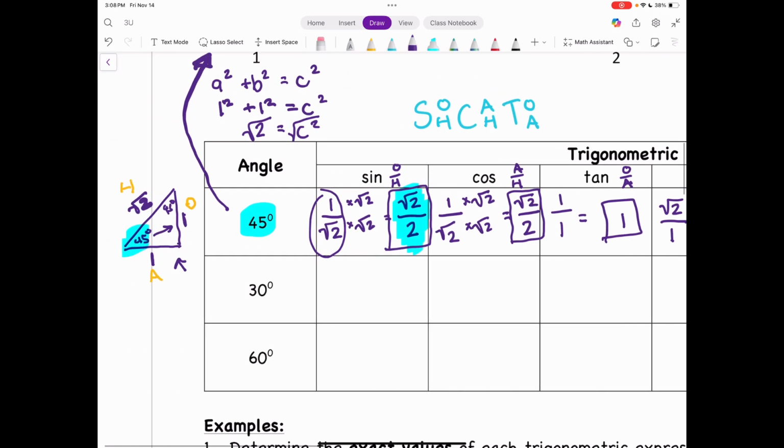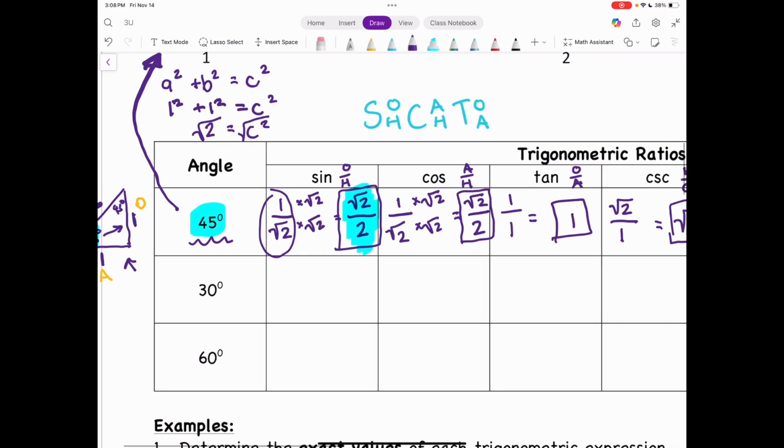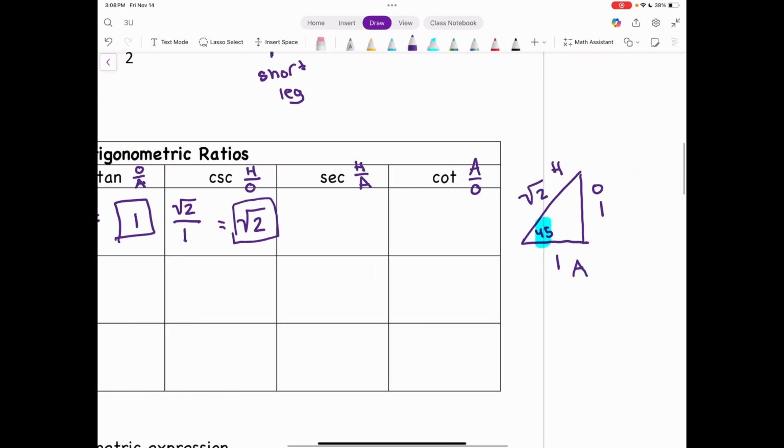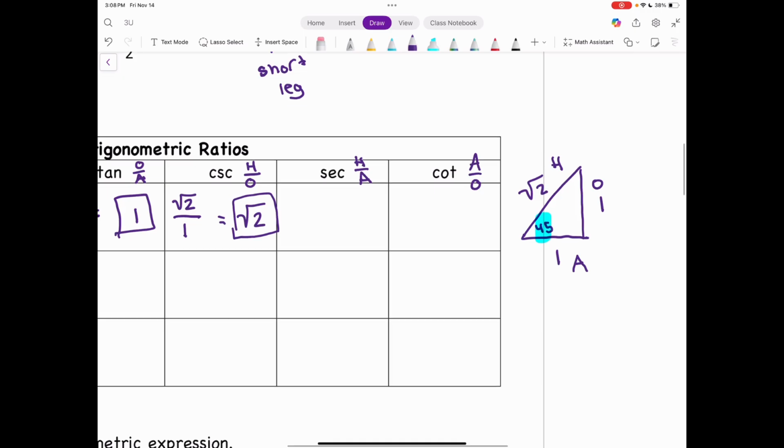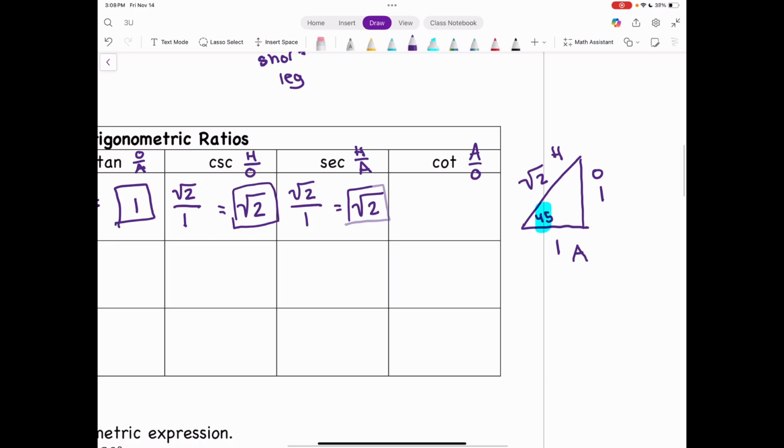So we know we're looking at the 45-degree angle special triangle here. Secant would be hypotenuse, which is the square root of 2, over adjacent, which again is 1. So the exact answer for secant at a 45-degree angle is the square root of 2.